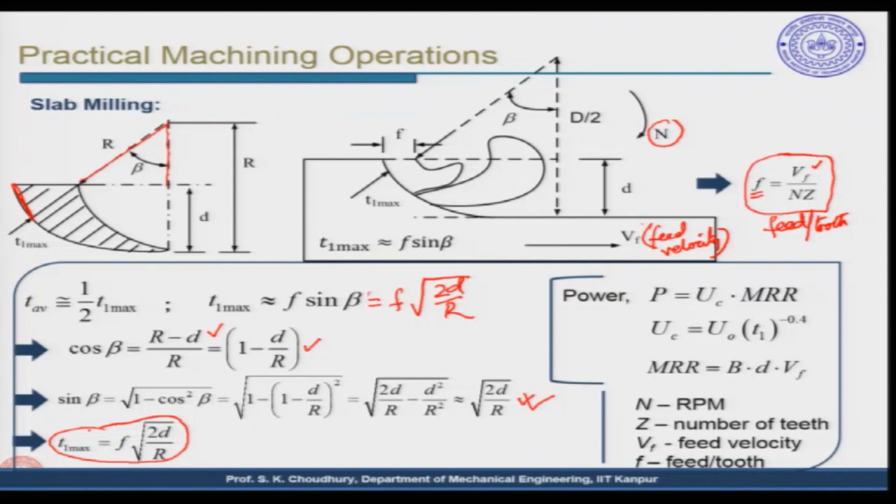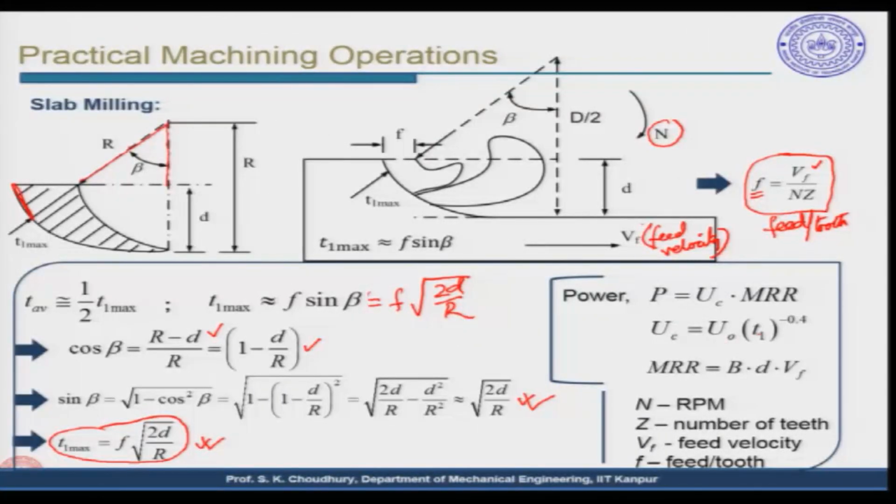You can see that this is the difference between the milling operation and, for example, the turning or shaping operation. Power is given in the same way. It is the product of specific energy and the material removal rate. Specific energy is again the same as in other cases, that is the energy spent to remove one unit volume of material, and U_c can be given as U_0 into T1 to the power minus 0.4. T1 here is the uncut thickness.